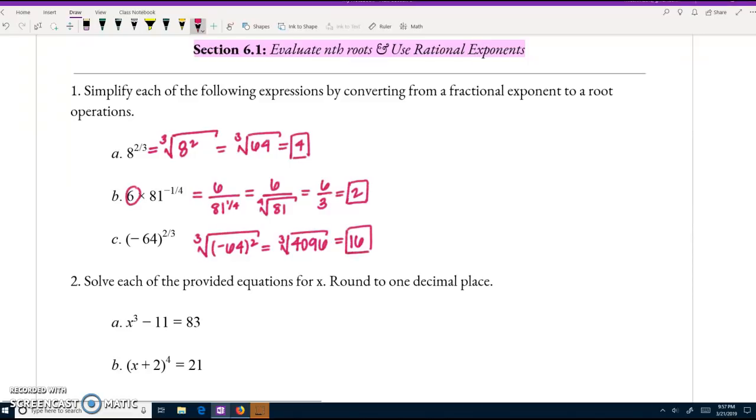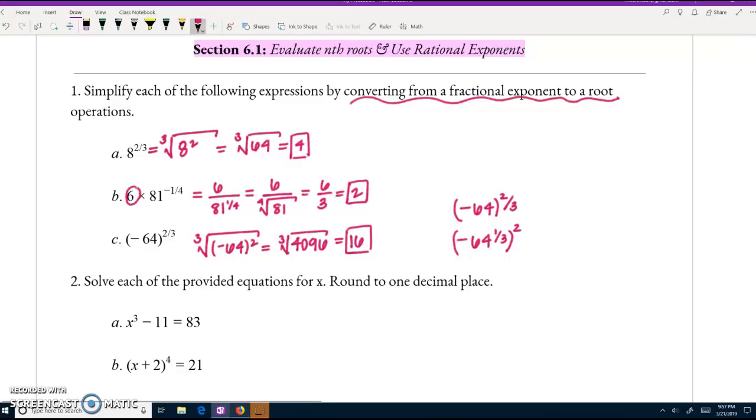Now that's one way to go about doing part C if we wanted to do it by hand. The reason that I took that approach is that it asked me to convert from a fractional exponent to a root. But I think it is useful to point out that something like negative 64 to the 2/3 is something that I could simplify this way instead. What I could do is work with negative 64 to the 1/3 power, and I can leave the 2 on the outside of the exponent.